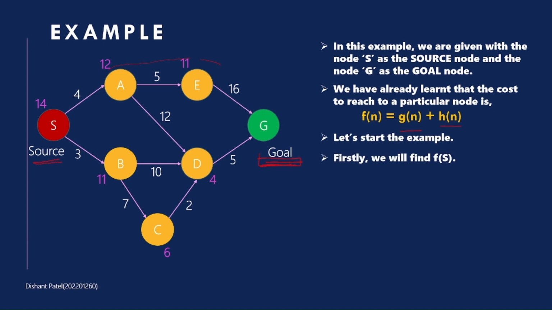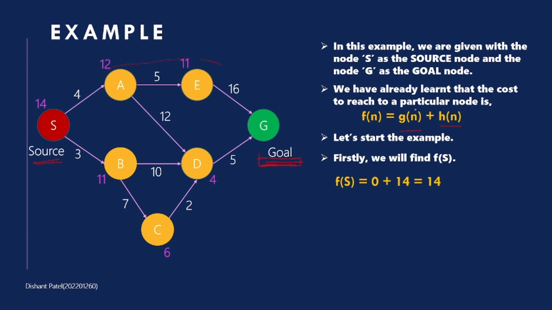So we are now starting our example, and firstly we will find f of s. f of s is equal to g of s plus h of s.